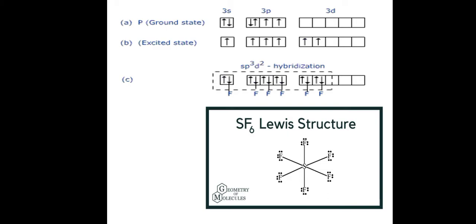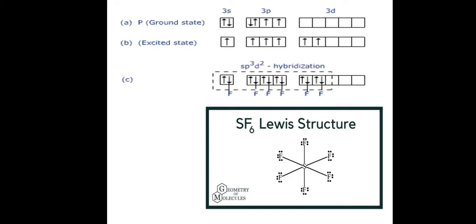Now let us consider the example of formation of the SF6 molecule. In SF6, the central sulfur atom has the ground state outer electronic configuration of 3s2 3p4. In the excited state, the six available orbitals, that is one 3s, three 3p and two 3d, are singly occupied by electrons.